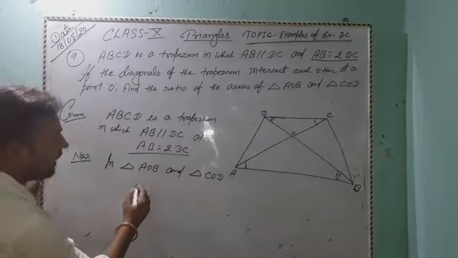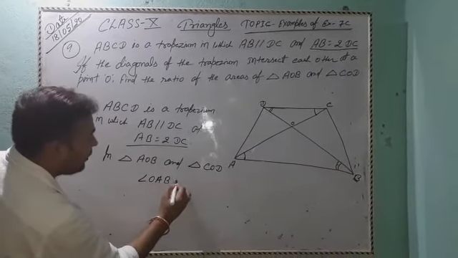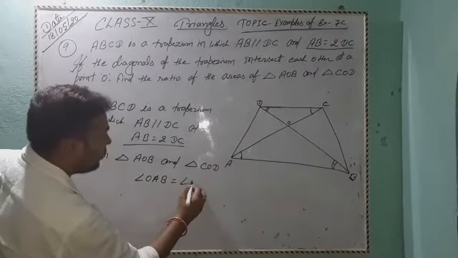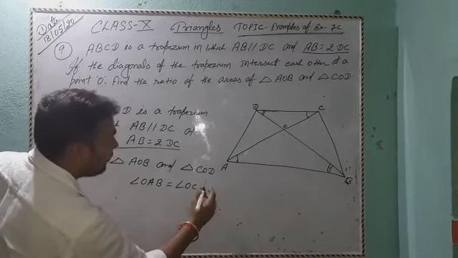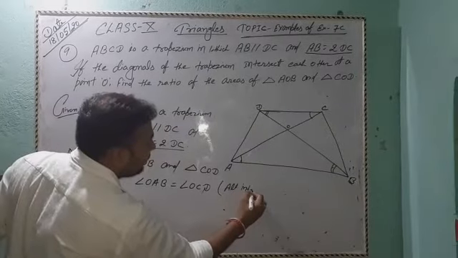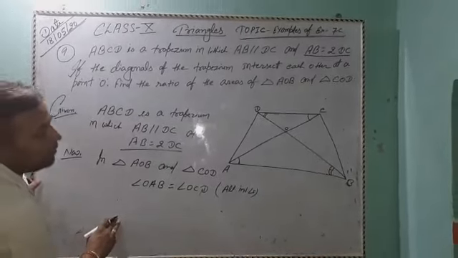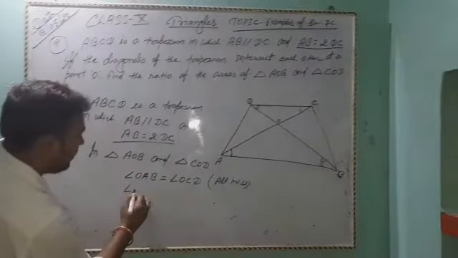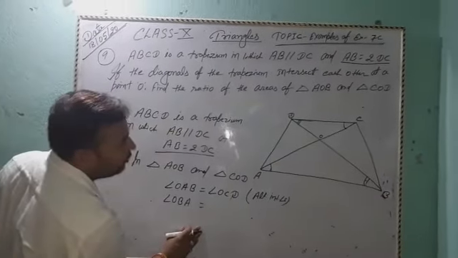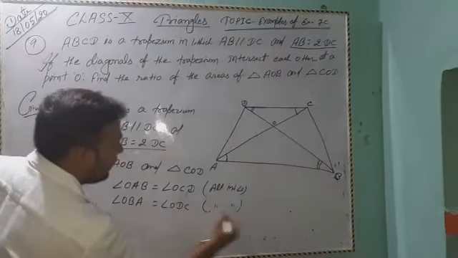So students, angle OAB equal to angle OCD, alternate interior angles, and angle OBA equal to ODC, alternate interior angles.